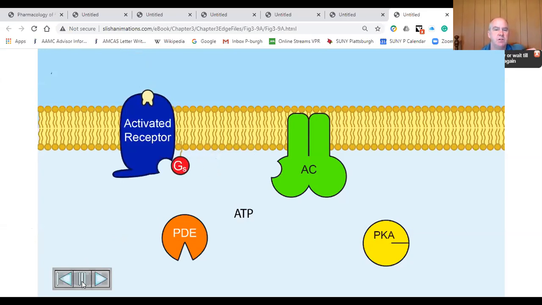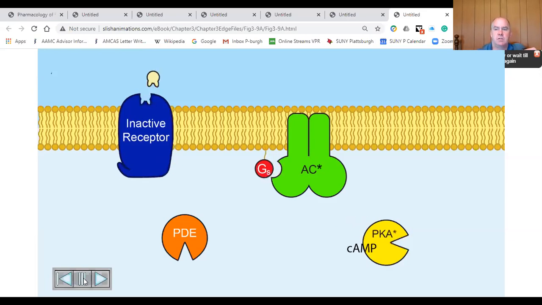Okay, active receptor activates the G protein. G protein then activates adenyl cyclase. Adenyl cyclase is going to convert ATP into cyclic AMP. Now, cyclic AMP will activate the enzyme PKA, protein kinase A. Protein kinase A then will phosphorylate different proteins, producing a response in the cell.